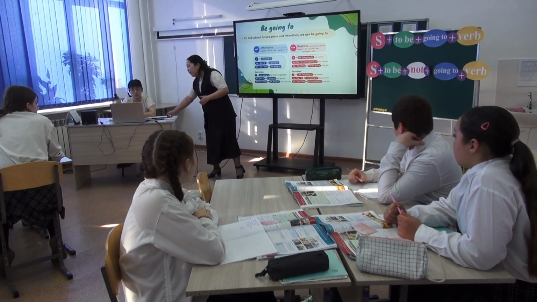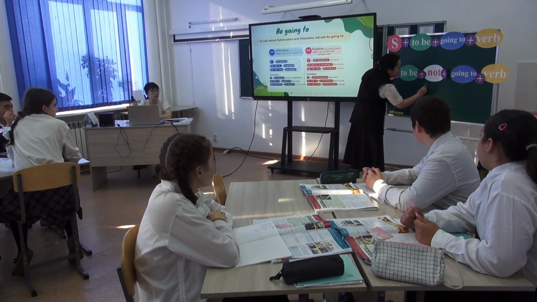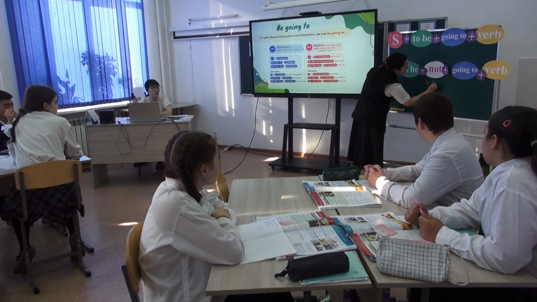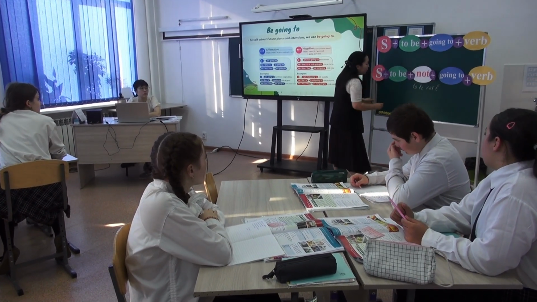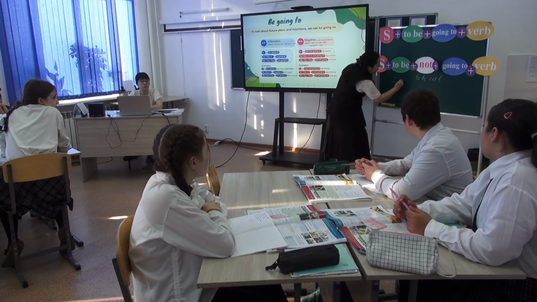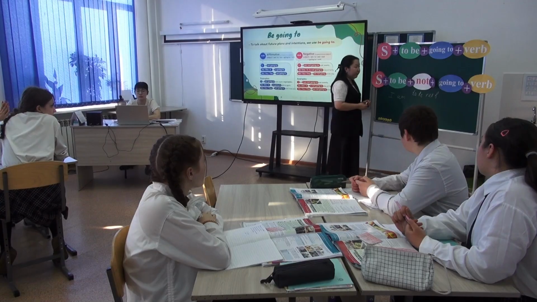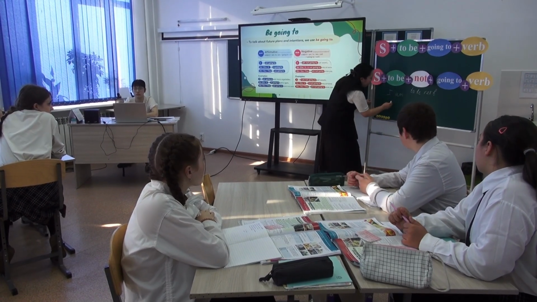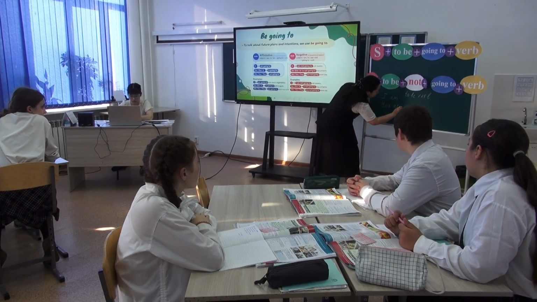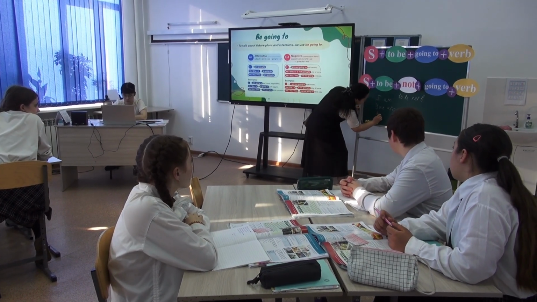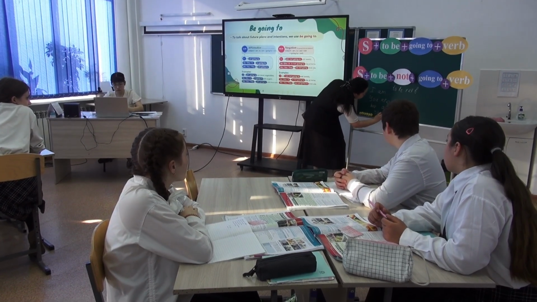So, now, do you know the to be verb? To be verb, for example, I am, it is, subject is am, to be. So you are, we are, and they are.